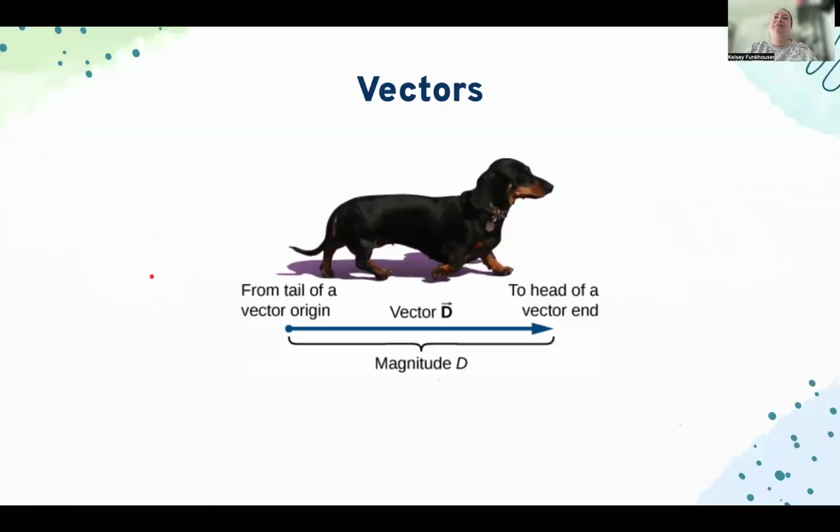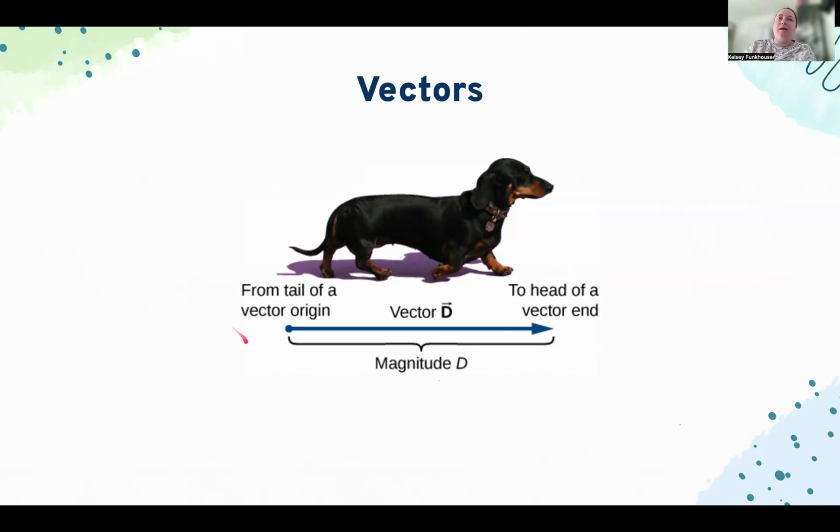Okay, now we're going to move on to vectors. We're going to be using vectors a lot because a lot of quantities in physics have both a magnitude and a direction, which is described by a vector. The length of a vector shows the magnitude of the quantity, so how big it is. And the direction of the vector tells you the direction of the quantity.